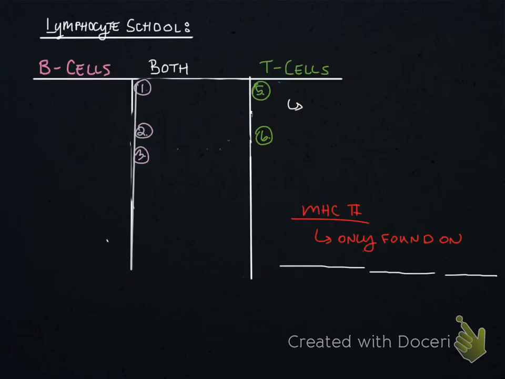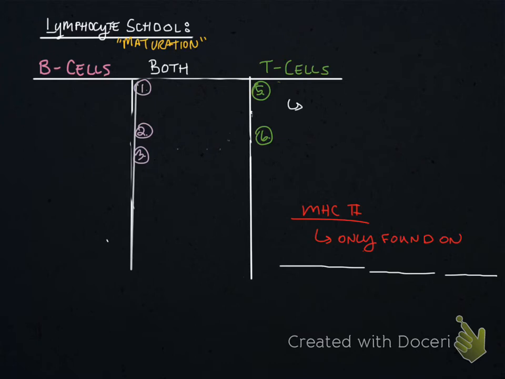So what do I mean by selection? Well, their school, so their process of maturing, or maturation. So I have here three different categories: B cells, T cells, and then the middle one is when it applies to both B cells and T cells.